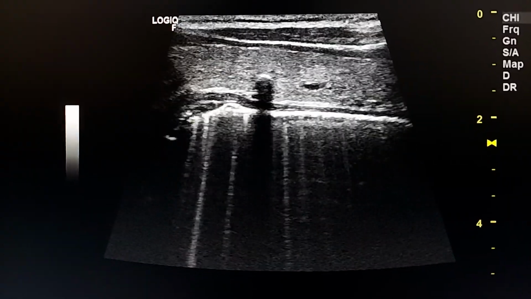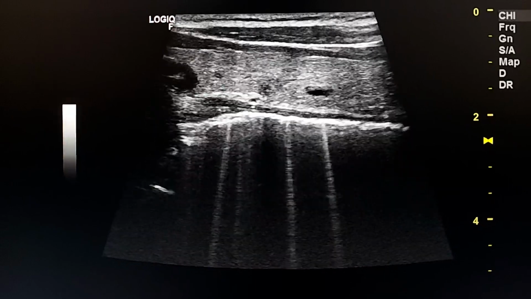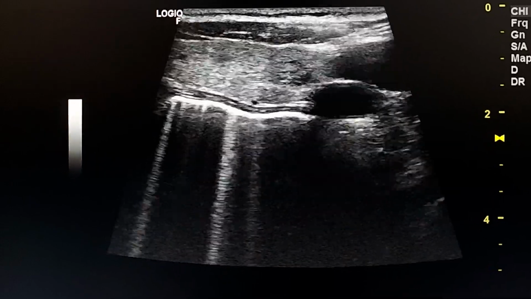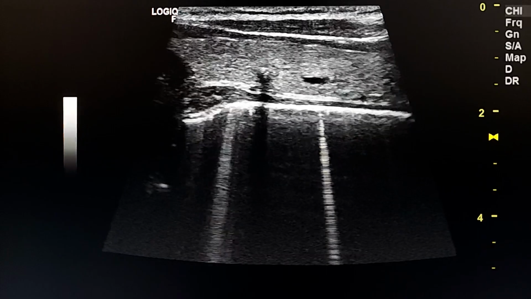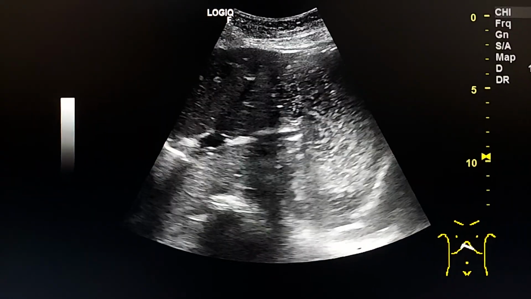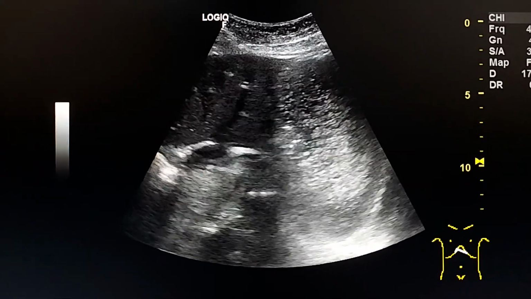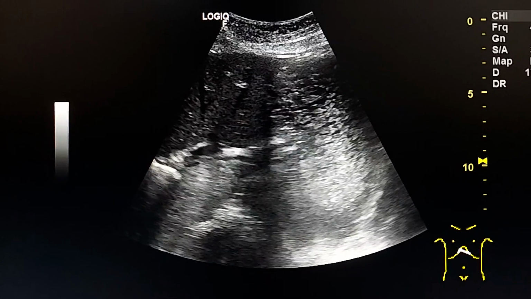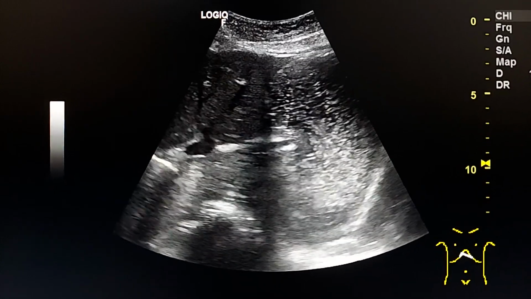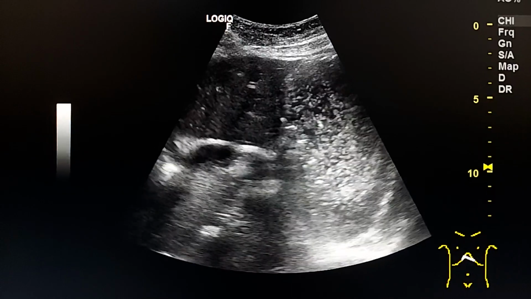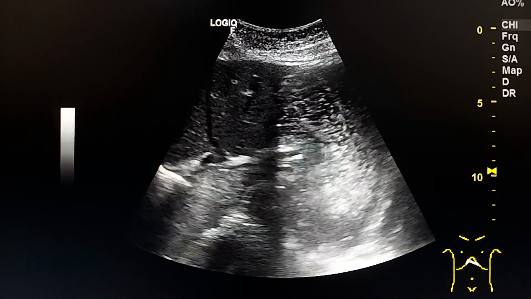So achalasia is suspected, and I did an ultrasound of the lower esophagus after the patient drank a lot of water. Here we see the stomach filled with water.